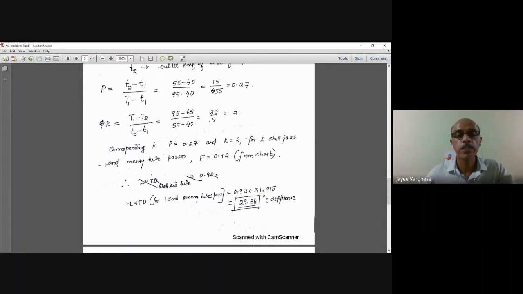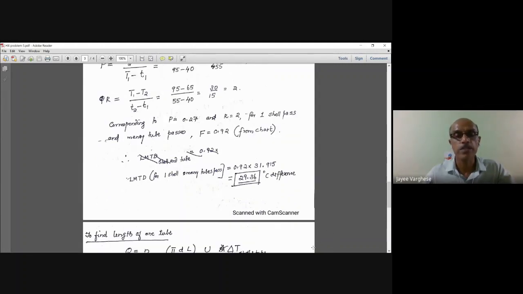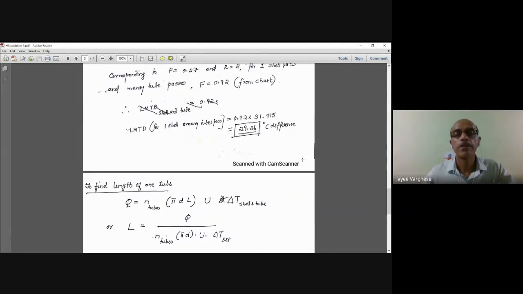Therefore, LMTD of the shell and tube heat exchanger is equal to 0.92 into 31.915, which is equal to 29.36. So we have all the values. LMTD is obtained. U is there, the overall heat transfer coefficient. Now the length or the area of the tubes can be obtained by total heat exchange is equal to number of tubes into surface area per tube into overall heat transfer coefficient into LMTD of the shell and tube heat exchanger.